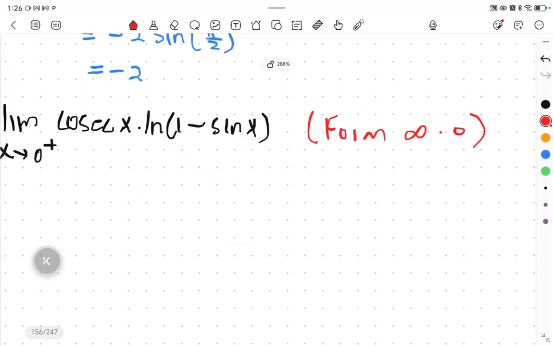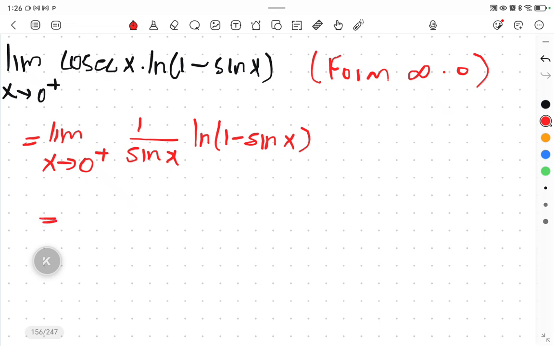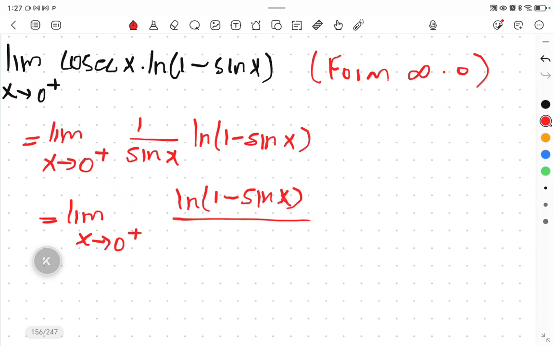So here what we can easily do is change this cosec. We know that cosec is 1 over sine of x. We have the term ln of 1 minus sine x. So we can just put this like this: the limit as x approaches 0 from the positive of ln of 1 minus sine of x all over sine of x.